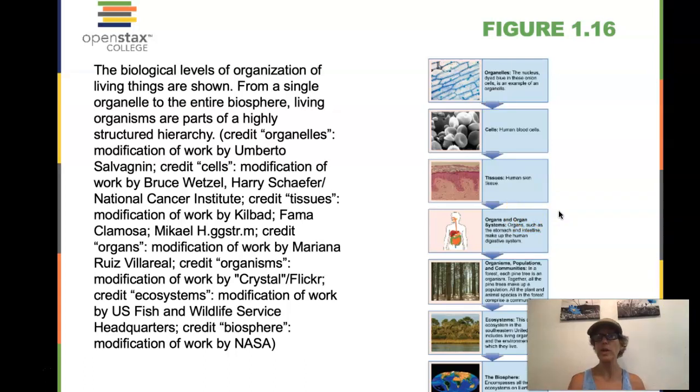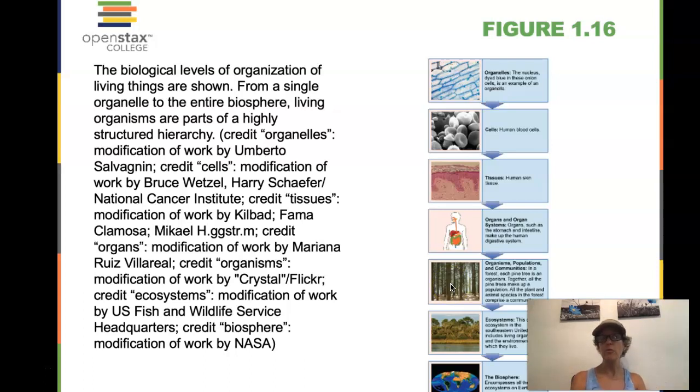For example, our digestive system. Our tongue is an organ, our esophagus is an organ, our stomach is an organ, our intestines are organs, our spleen, our liver, our gallbladder, and all of those make up the system of those interacting and interdependent organs. Organisms, all the different types of species that are in a particular area or on our planet.